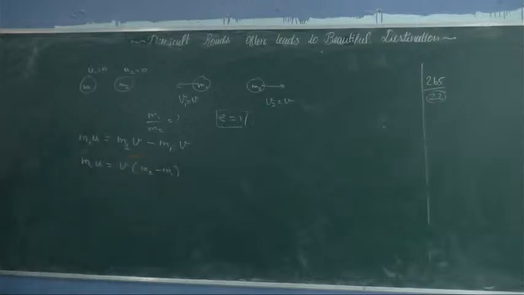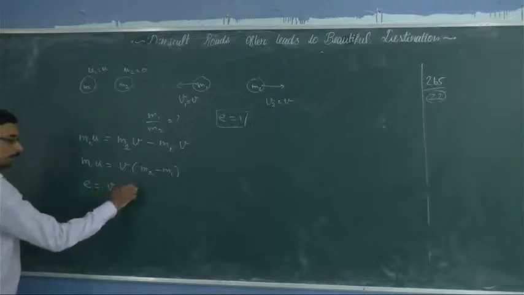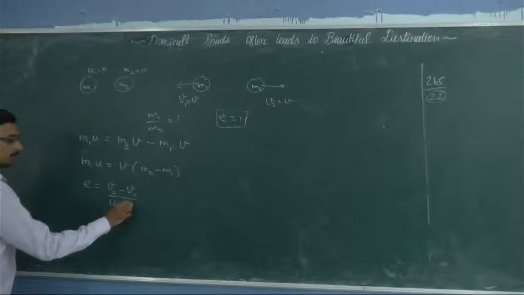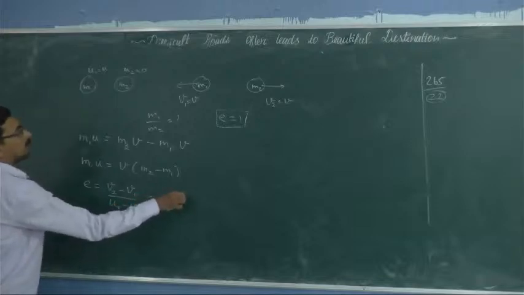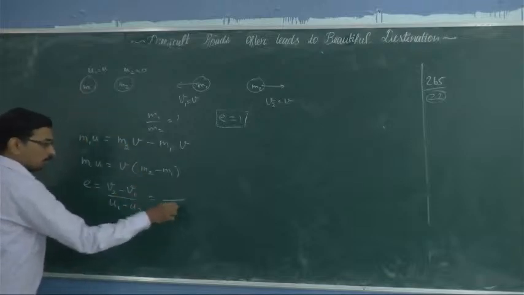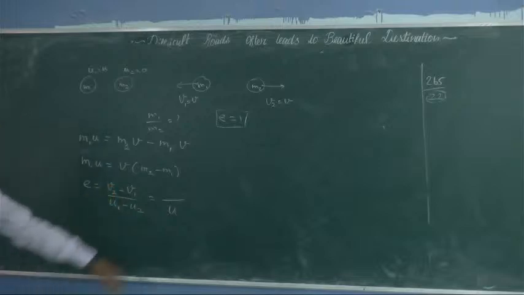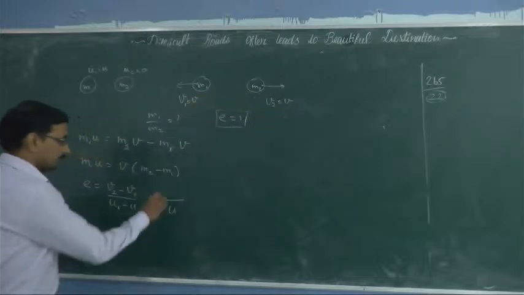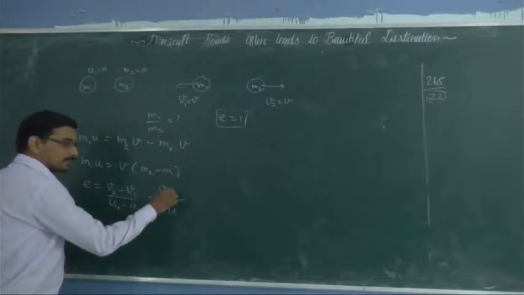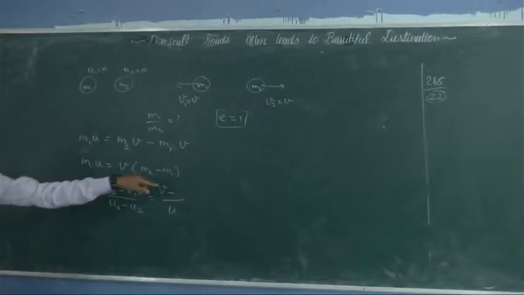Can you say what is E? Coefficient of restitution. Coefficient of restitution definition: v2 minus v1 by u1 minus u2. Here u1 is nothing but u. What about the v2 value? The v2 value is v and the v1 value is minus of minus v.